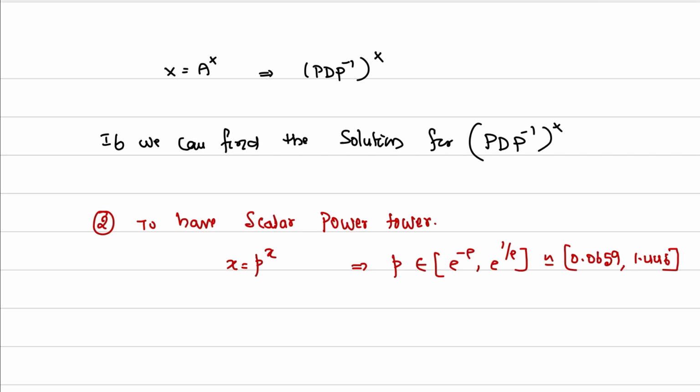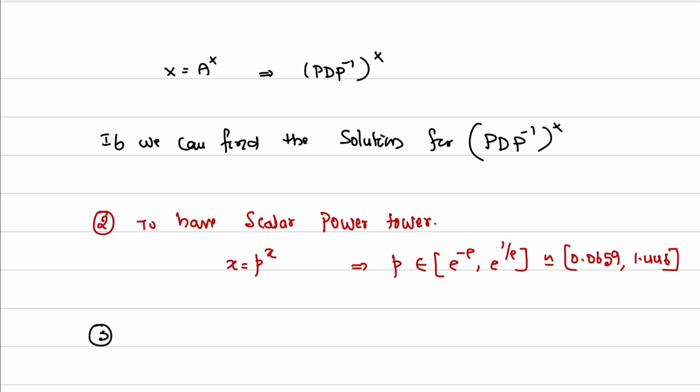Now, if we connect the scalar power tower to the matrix power tower, then let us connect both of them.